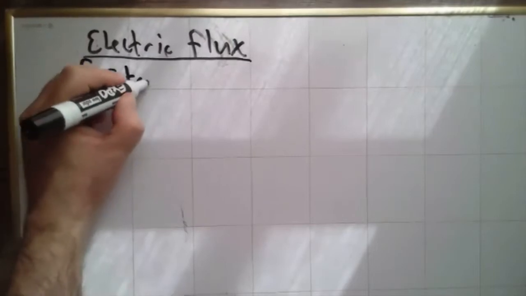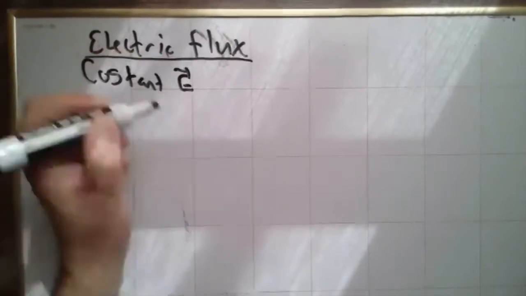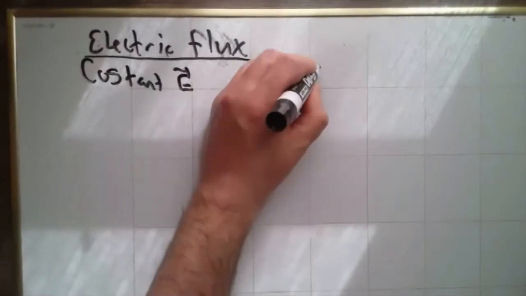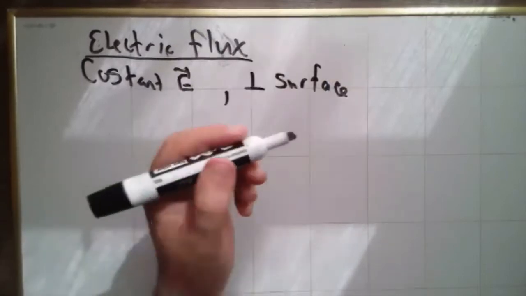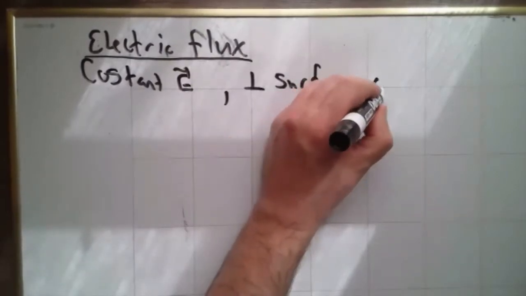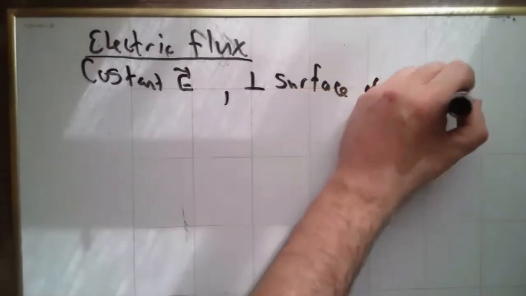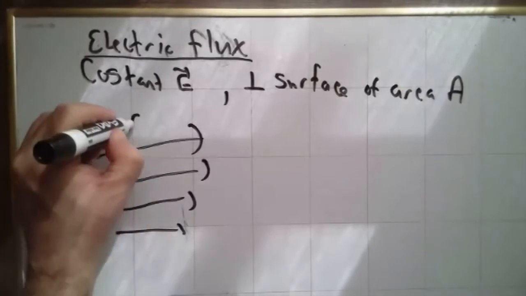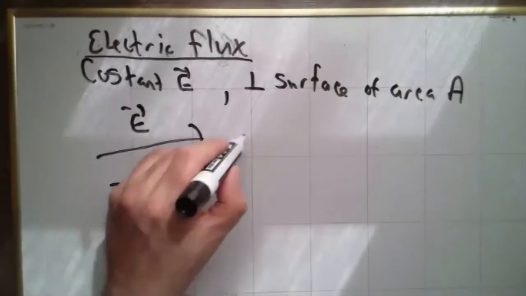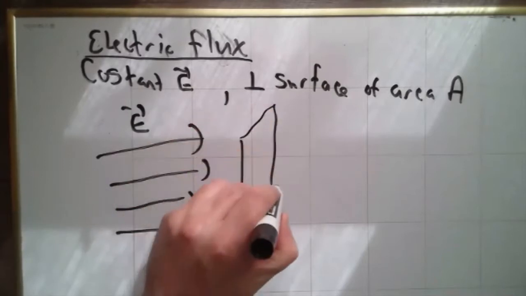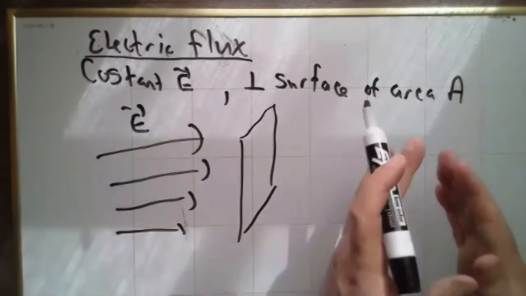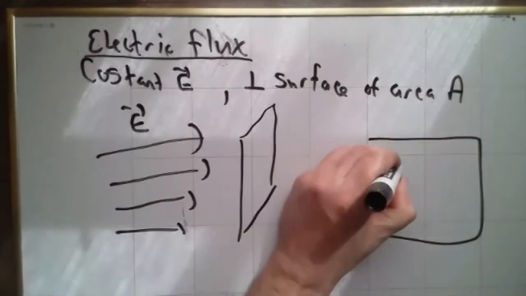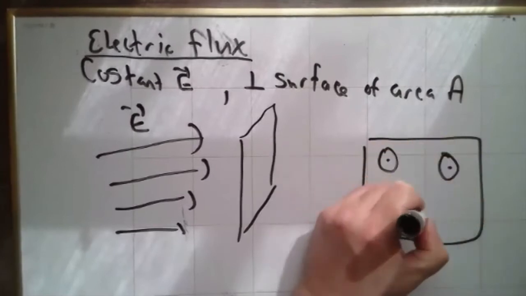So if we have a constant E perpendicular to a surface, say a square of area A, so I have some constant electric field here. I have this pass perpendicularly straight through a surface. So if this were my surface, my electric field might be coming straight out at us like this.